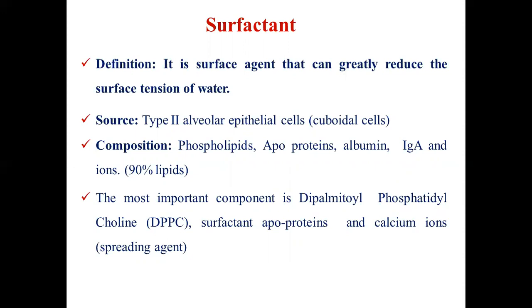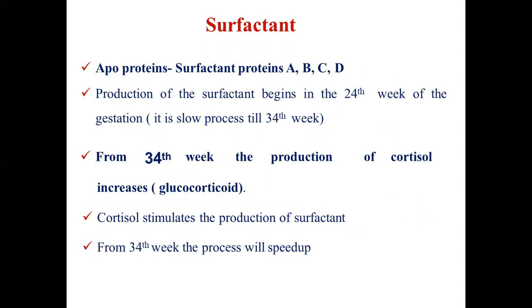Along with that, apoproteins, albumin, immunoglobulin A, and some ions are there. So the composition is that. The most important components are dipalmitoyl phosphatidylcholine, which is known as DPPC, surfactant apoproteins, and calcium ions.